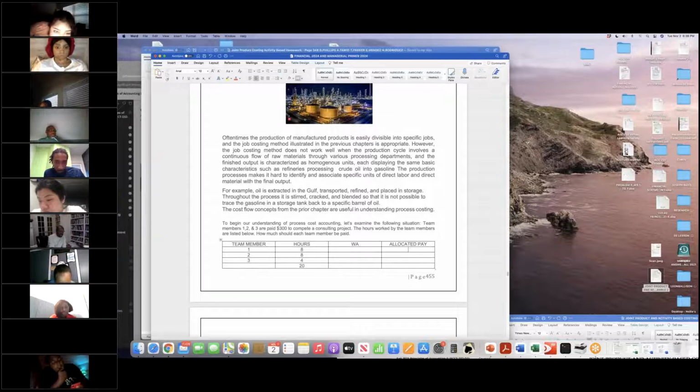So one way is to give everybody $100, correct? And we have it done. Is there any other way we might allocate it?